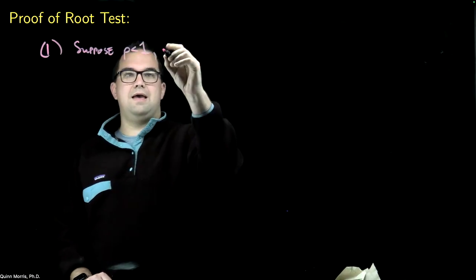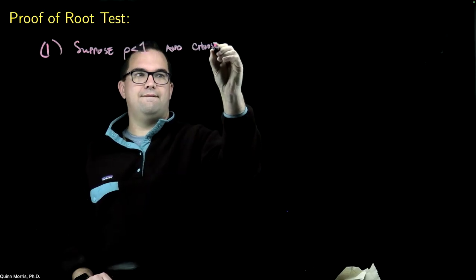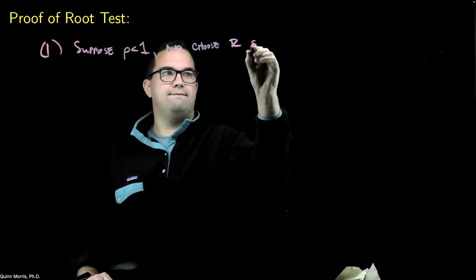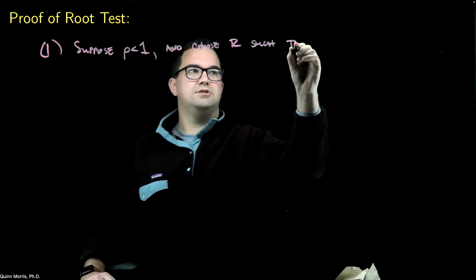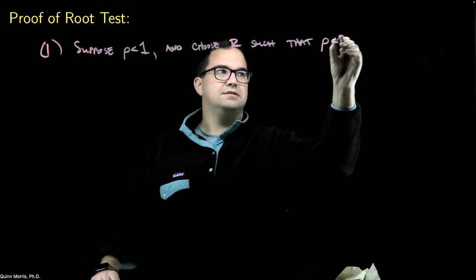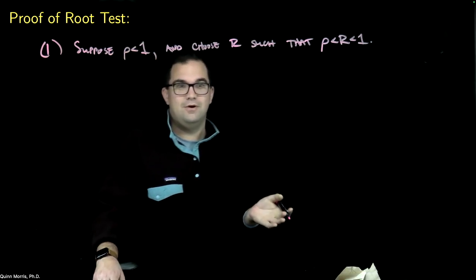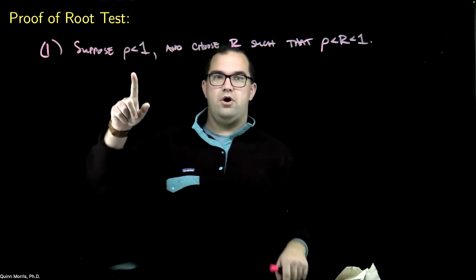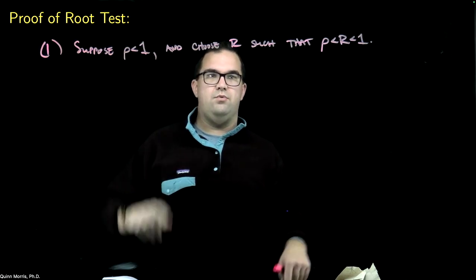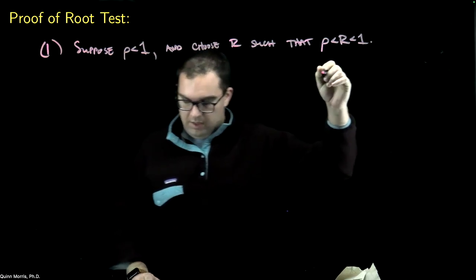And we're going to choose a value, capital R, such that rho is less than R is less than 1. So exactly the same thing we did before. Since rho is strictly less than 1, I can choose a value capital R that's between rho and 1.